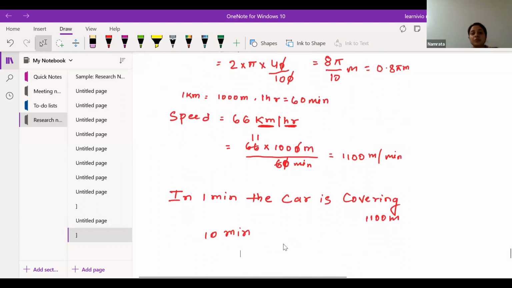So before moving to the revolution part, we need to find what is the total distance the car is covering in 10 minutes. So at first we will be finding what is the total distance the car is covering in 10 minutes. So in 10 minutes, the car will cover 10 into 1100 meter, right? That means 11000 meter. This is the total distance the car is covering in 10 minutes. Do you agree with that?